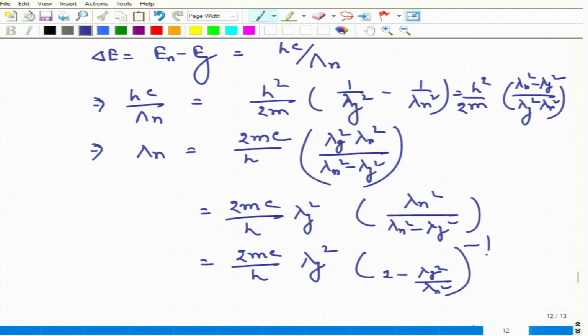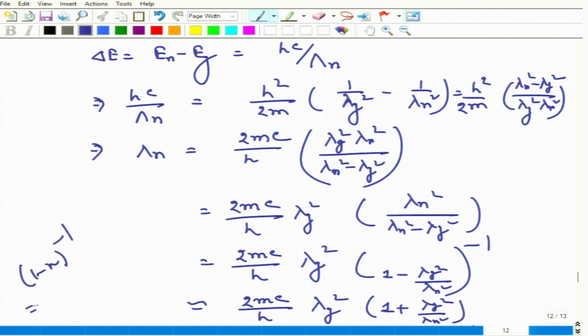For the large value of n, we can approximate this as lambda g square times 1 plus lambda g square divided by lambda n square. This is the approximation: 1 minus x to the power minus 1 is approximately 1 plus x for a very small value of x. So this approximation we have to do, otherwise we can't do this type of problem.